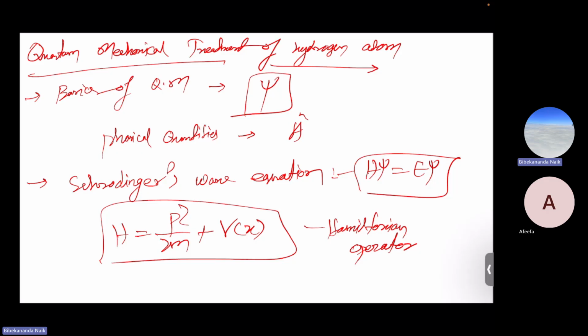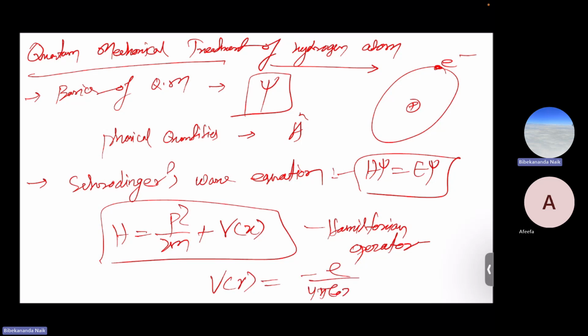In case of the hydrogen atom, it has a proton, and the electron is moving around the nucleus, and the potential is a function of r, which is minus e squared by 4 pi epsilon 0 r. And r, if you convert it from Cartesian coordinates, will be the square root of x square plus y square plus z square.